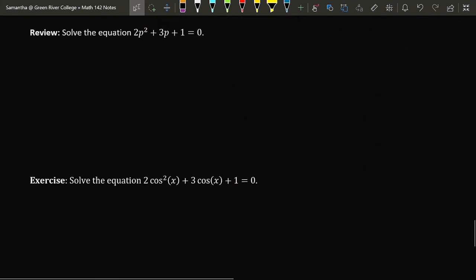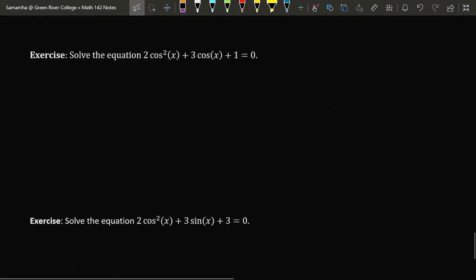For a similar example, let's consider a problem like we have down here, where we would have 2 times cosine squared plus 3 times cosine plus 1 is equal to 0. Now, in terms of using the zero product property, we do have the 0 on the far right side. That's nice.